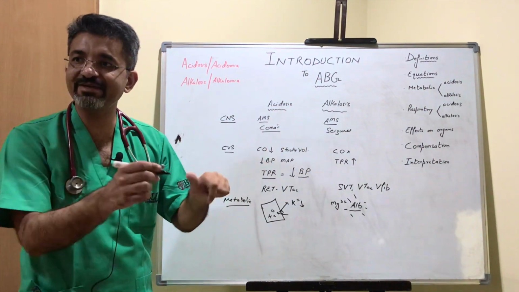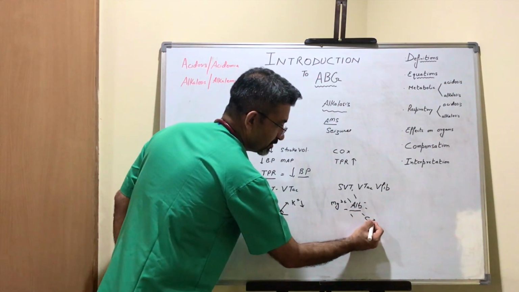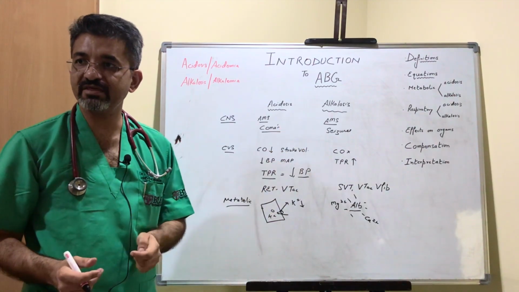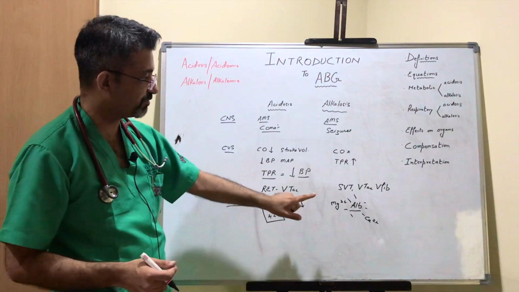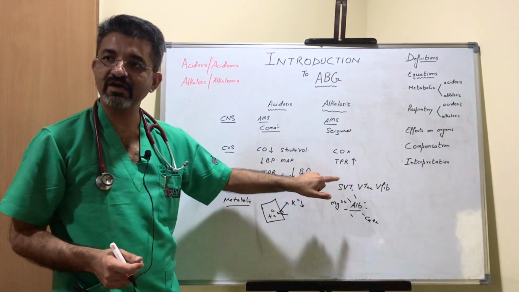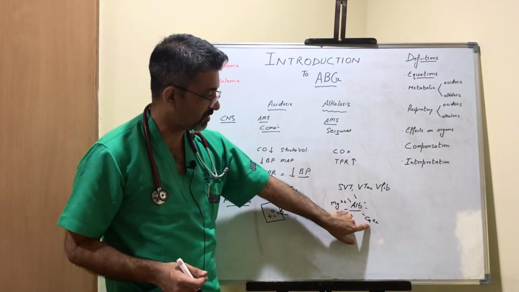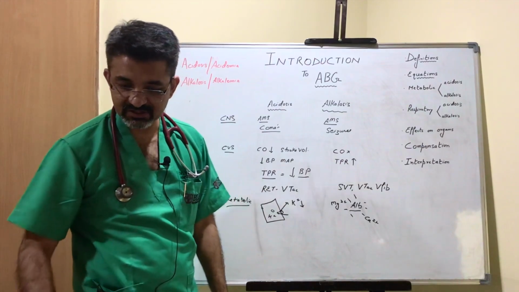So what will bind to those negative terminals? Ionized calcium. And that is the reason for hypocalcemia in a case of alkalosis. So you have hypokalemia, you have hypomagnesemia, and you have low ionized calcium, which is bound to your negatively charged albumin.